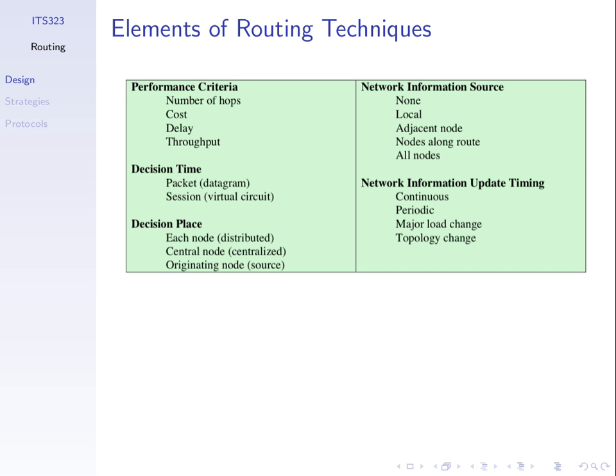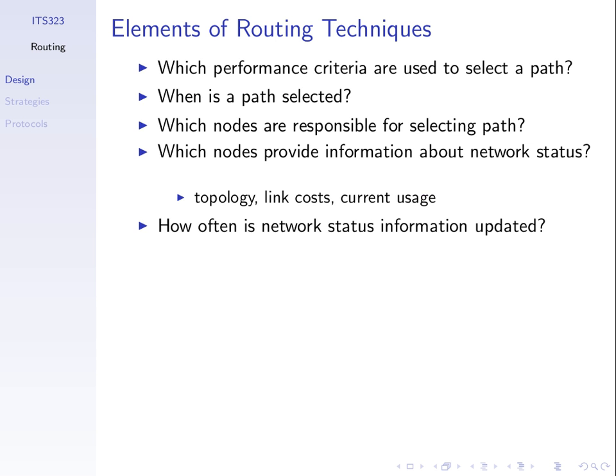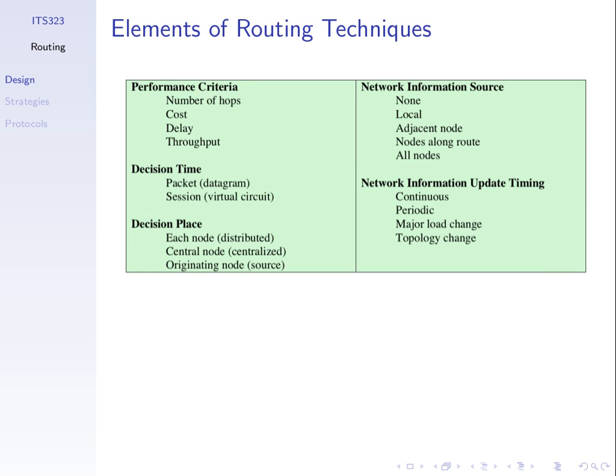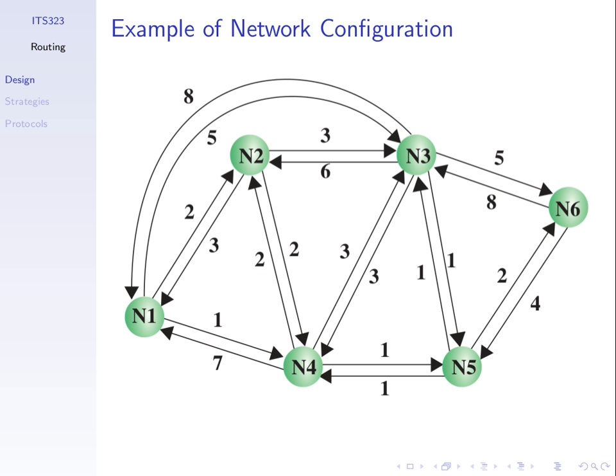With virtual circuit packet switching, we set up a connection, use that path for the duration of the connection, and then when we set up a new connection, we may choose a different path. As a result, with virtual circuit packet switching, if I chose the path 1, 4, 5, 6, that's the optimal path when I choose it.